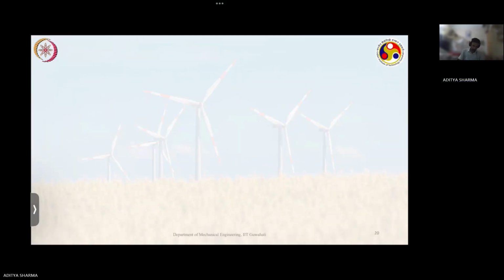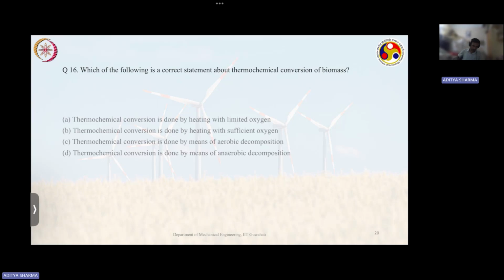Then the last question of the session. So which of the following is correct about thermochemical conversion of biomass? So it is done by heating with limited oxygen, heating with sufficient oxygen, by means of aerobic decomposition, by means of anaerobic decomposition. So we know that anaerobic decomposition is what?